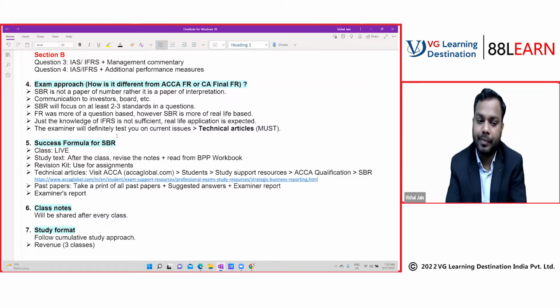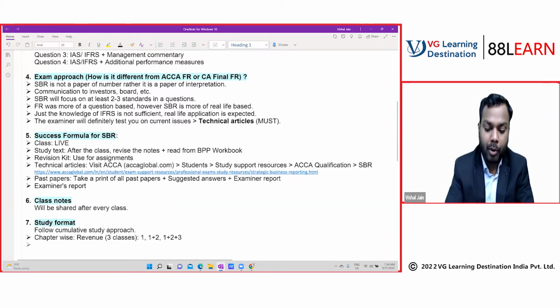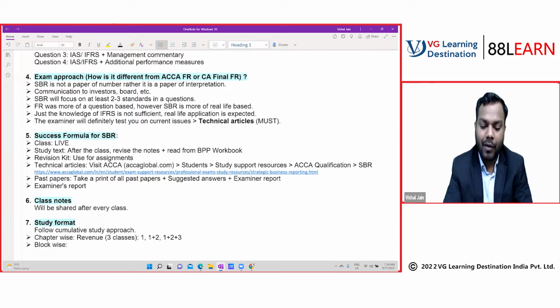Is that clear, guys? So the strategy is: day one, 1; on the second day, 1 plus 2; and on the third day, 1 plus 2 plus 3. Now blockwise: for each block you will do the same thing.